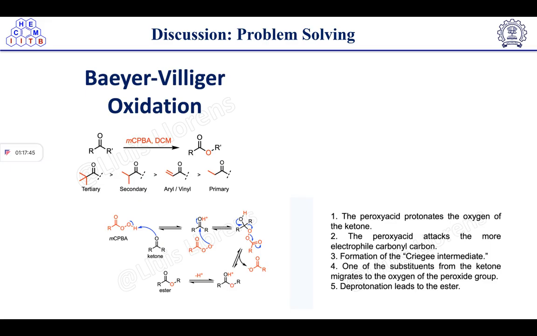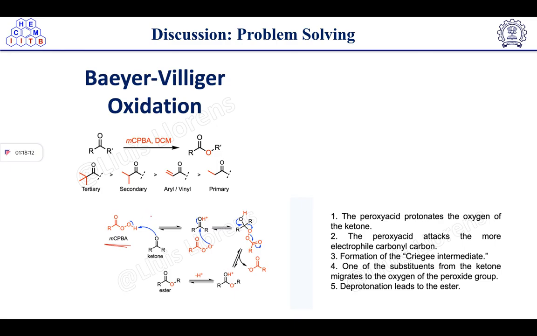But when we have a carbonyl carbon center and there is no double bond, MCPBA undergoes a Baeyer-Villiger oxidation reaction. So here we have the peracid MCPBA, metachloroperbenzoic acid. Okay? The full form of MCPBA is metachloroperbenzoic acid. It is the peracid.